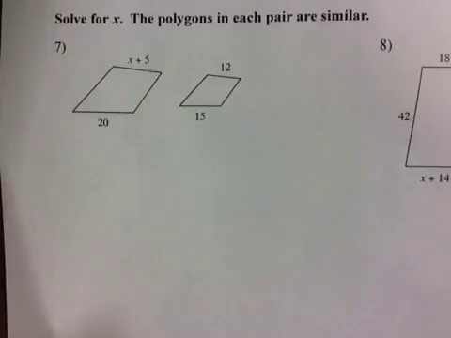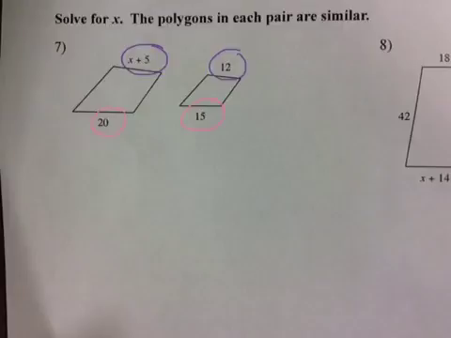All right, now it gets a little trickier here just because we have this binomial situation, but we know how to solve proportions with binomials. Also, in these harder problems, the figures are going to be oriented the same way, so it's a lot easier to figure out what the corresponding sides are. Here I can see this x plus 5 corresponds to the side of 12, and the side of 20 corresponds to the side of 15.